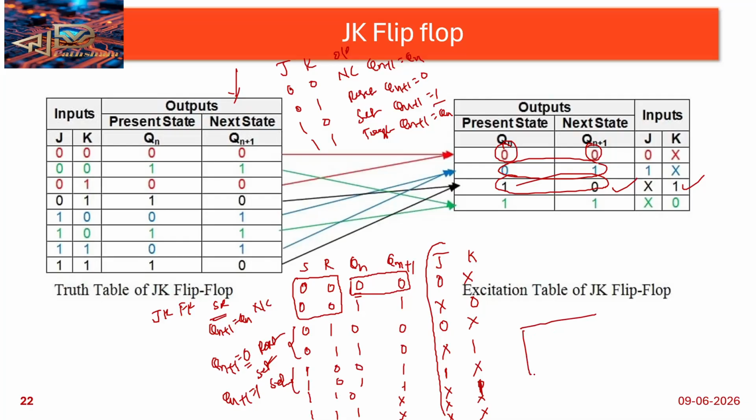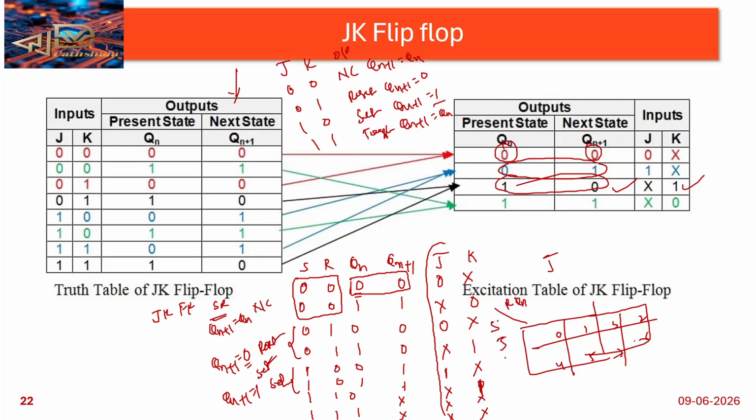So the J K map, how to calculate that? For J, the cells are 0, 1, 2, 3, and 4, 5, 6, 7. This is S R Qn.